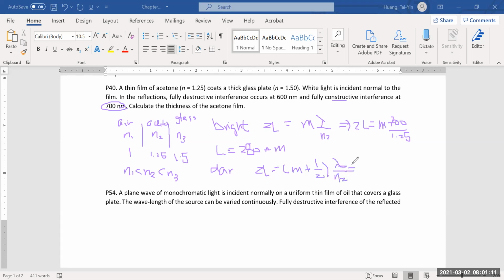So we can plug in the numbers. 2L equals, again, we don't know what M is, (M + 1/2) times your lambda, when this is fully destructive, which occurs at 600 nanometers, over 1.25. So there we get L is equal to 240 times (M + 1/2).